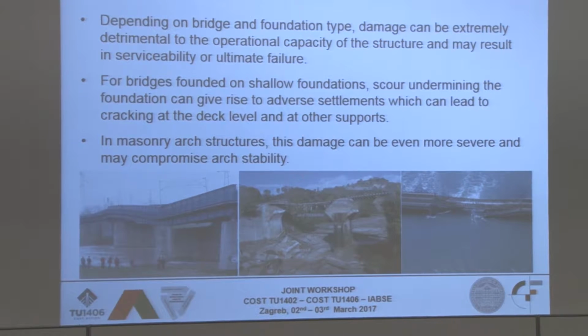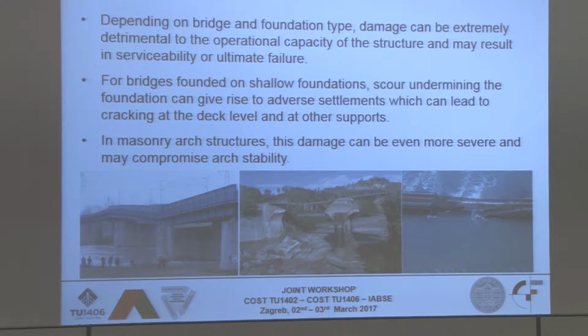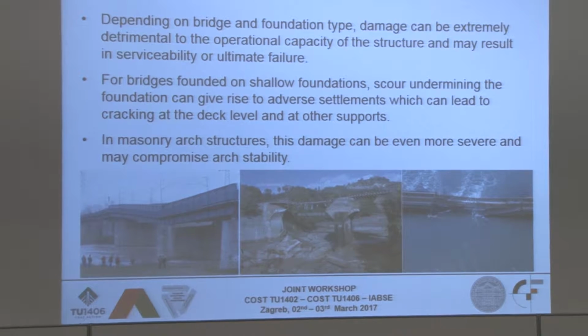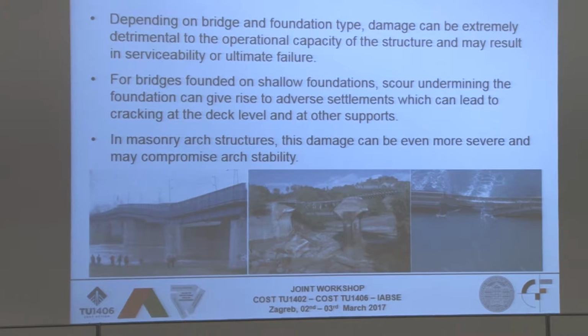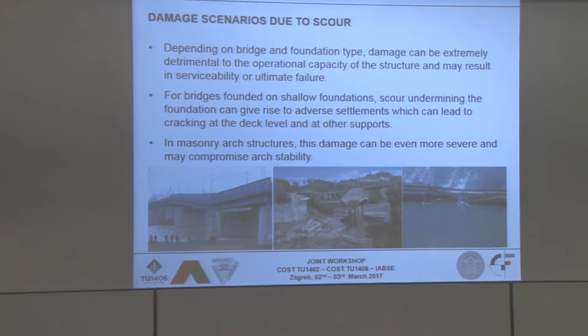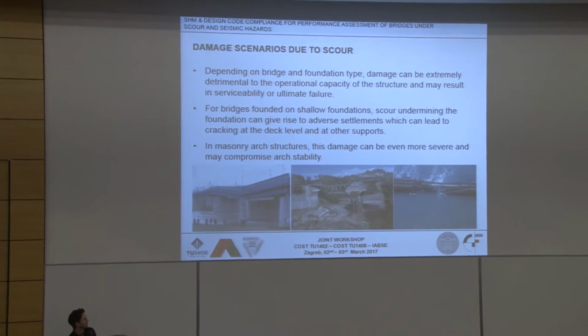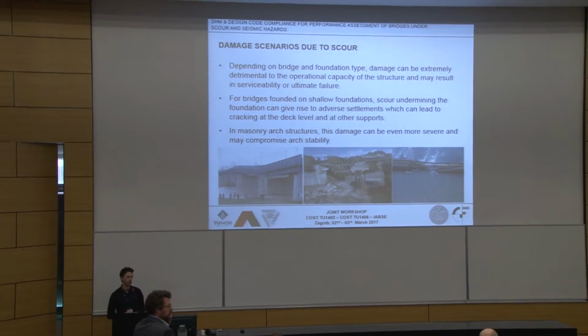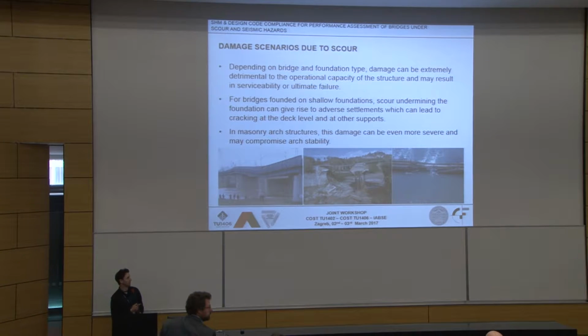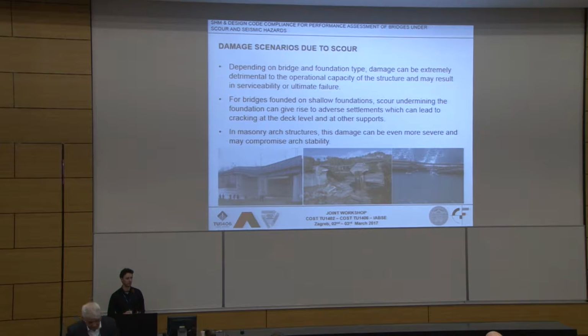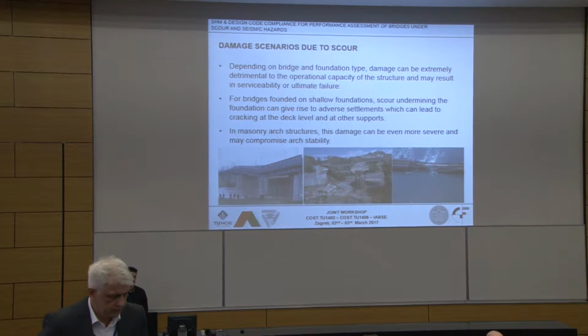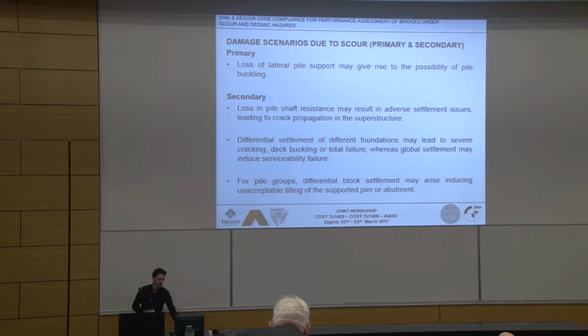For a flexible abutment pier integral bridge type system, it can have an effect on the flexibility and the dynamic motions. Your failures range from total catastrophic sudden failure, which can be seen in some of the images on the bottom here, to a pier settlement which has rendered the bridge unusable, but it hasn't actually been a full collapse.